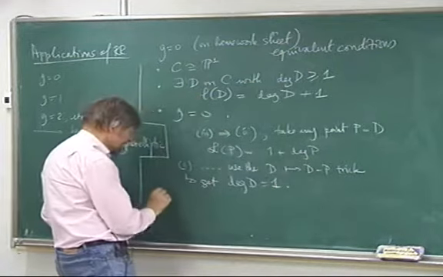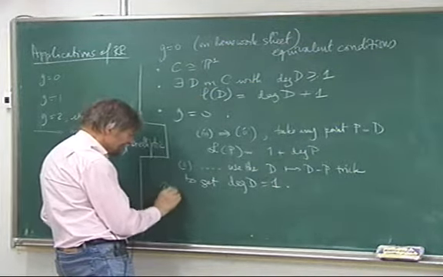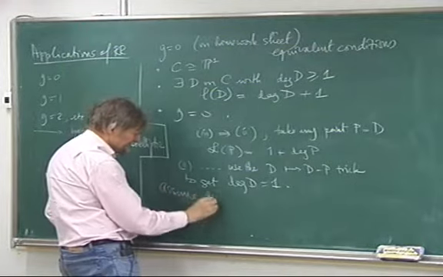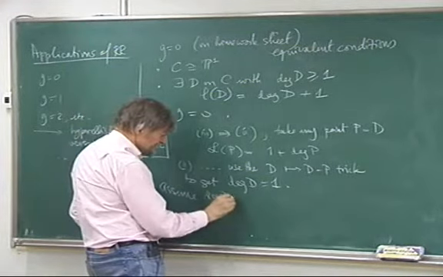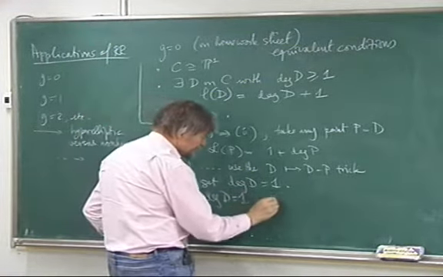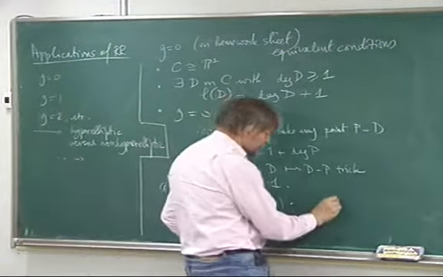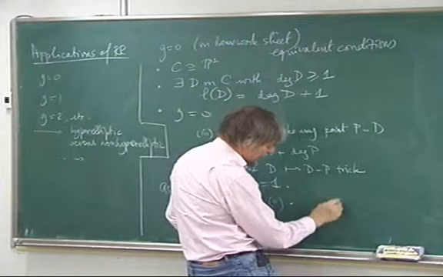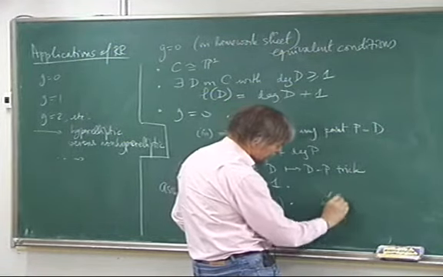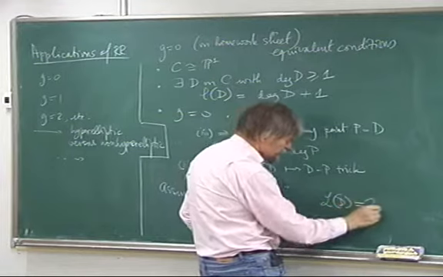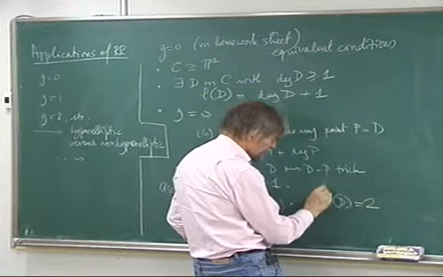Right. So assume degree of D equals 1 in part 2. Right. So what does this mean? It means that I've got this L of D equals 2 where D has degree 1.